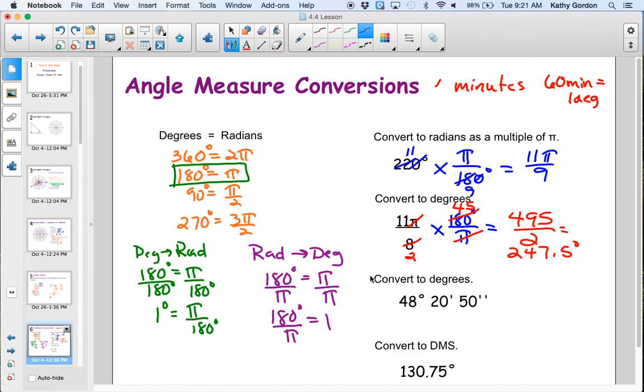Minutes. 1 tick mark is minutes. The double tick mark is seconds. There are 60 seconds in a minute, just like you would expect, which means there's 3,600 seconds in a degree.